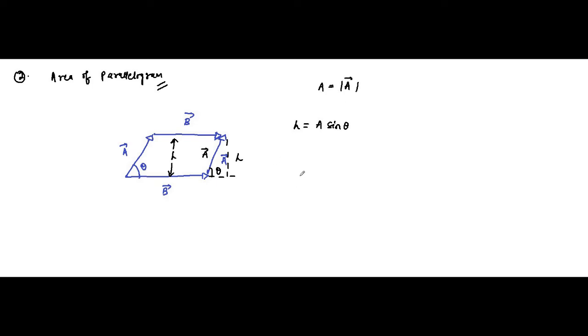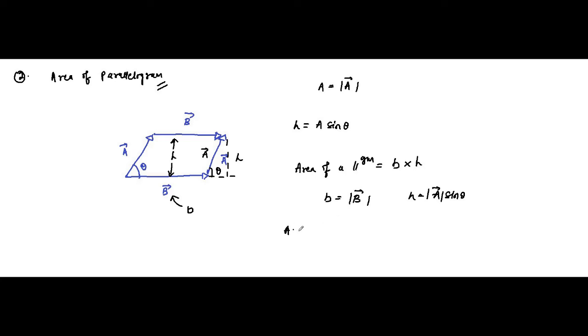Now we know that the area of a parallelogram is given by the magnitude of base multiplied with the height. So here the magnitude of base is B vector modulus, this one, this is the base, and this height is equal to A sine theta, A vector modulus sine theta.